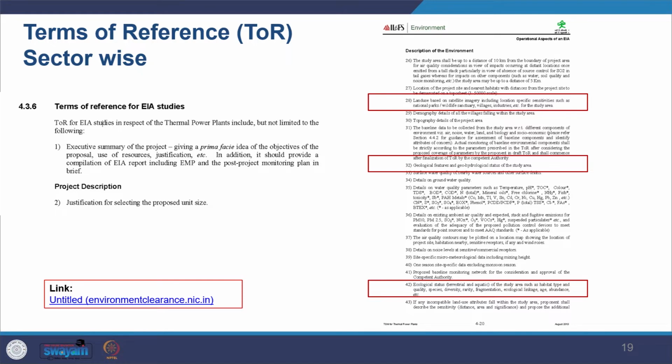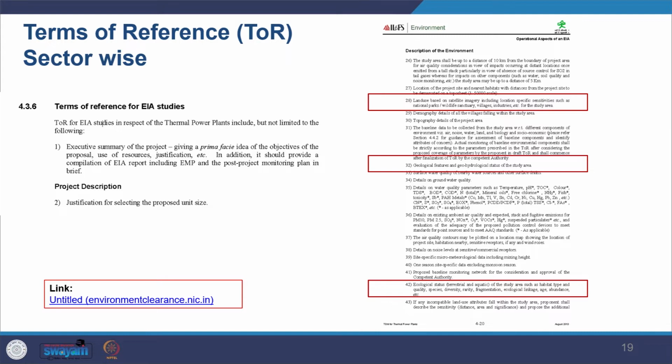You can see that land use based on satellite imagery, including locations and specific sensitivities such as national parks and wildlife sanctuaries, all need to be described. Then, number 32, geological features and geohydrological status of the study area have to be given, and also surface water quality of nearby water sources and other drainage.